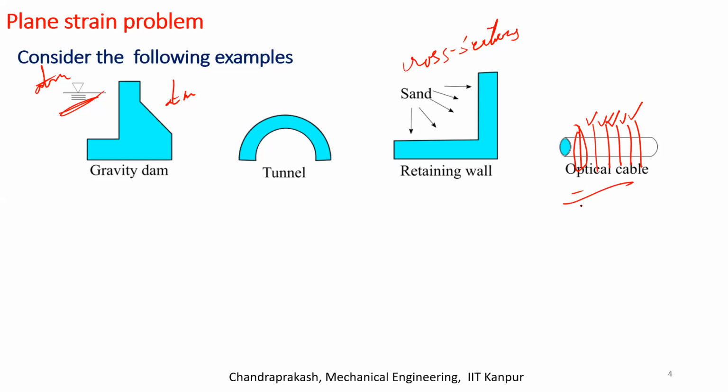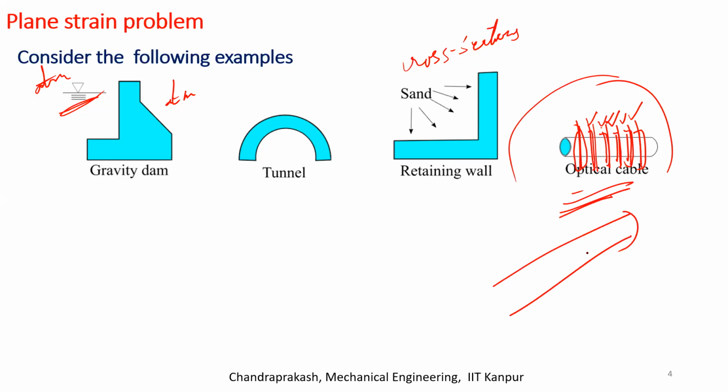The easiest example is the cable. Imagine this fellow is in an ocean and it is long. At every cross section, the loading is the same. We are not looking at examples where I have a cable and here there is one kind of load, here there is another kind of load, F1, F2, then there's a displacement, then there's another kind of force.